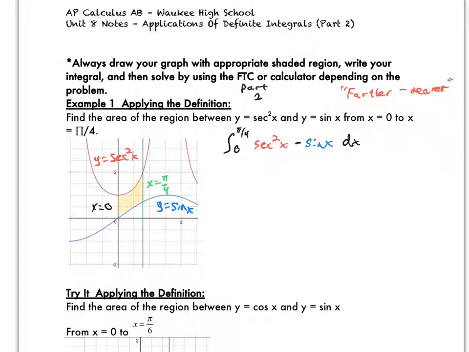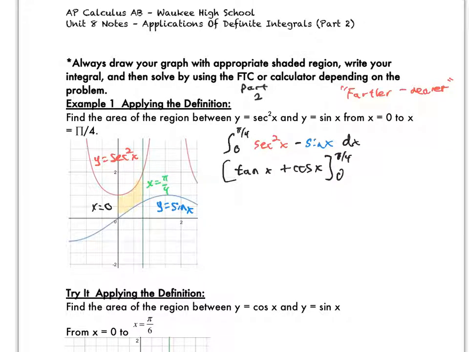All right, so zipping through the antiderivative here, we already know this is tangent of x, and we already know that the antiderivative of sine is negative cosine. So the negatives wash, giving you a cosine there. All right, now this is where we're going to have to be a little cautious, because we have to make sure that we put in the right stuff. This is pi over 4, actually.